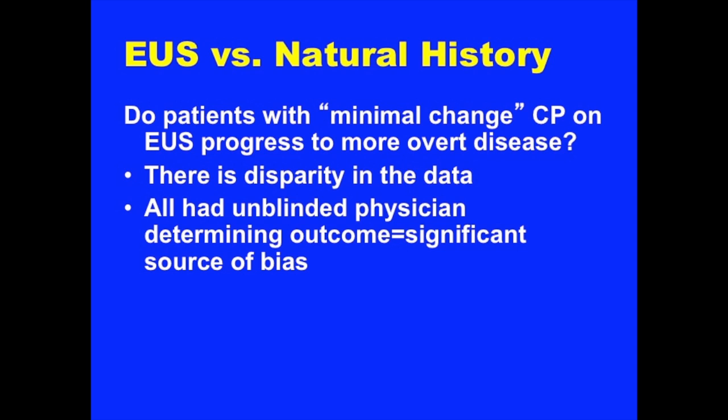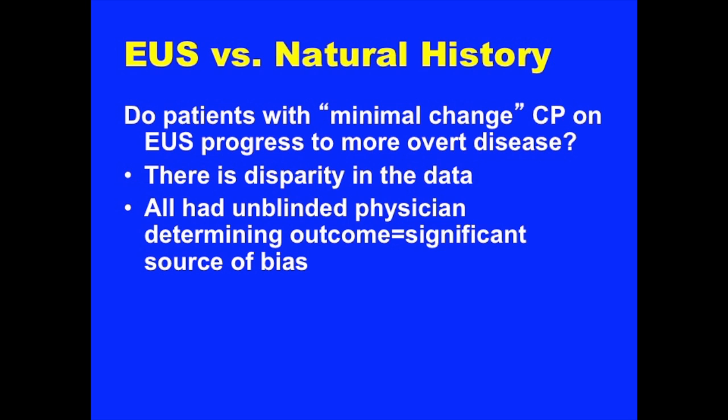If we look at natural history, in terms of whether patients with minimal change on EUS criteria progress to overt disease, our studies at our university have answered that in the positive, saying yes, they do seem to have, within 2 years, a change to minor duct findings and persistent pain, and become a Cambridge Class 3.